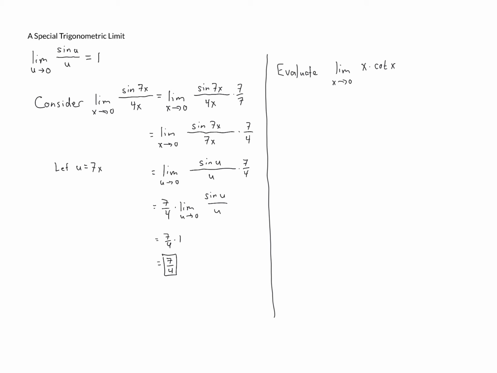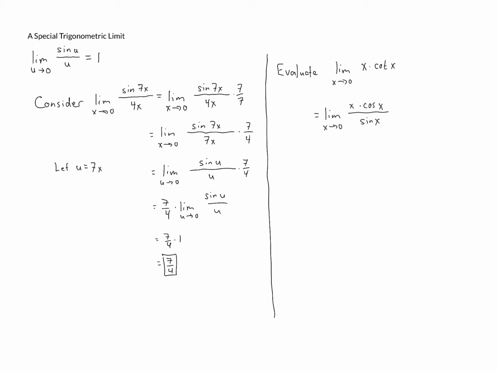What we want to do is rewrite cotangent so that it is something we can work with a little more easily. So we know that cotangent is cosine over sine. And this is being multiplied by x. I'm just going to put the x in the numerator. Makes things a little bit easier.